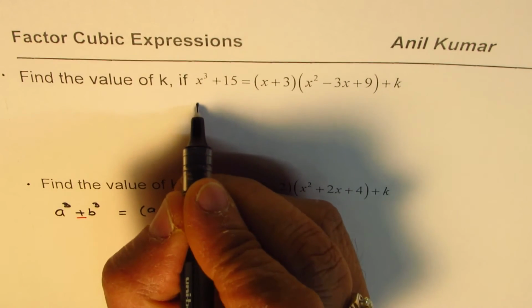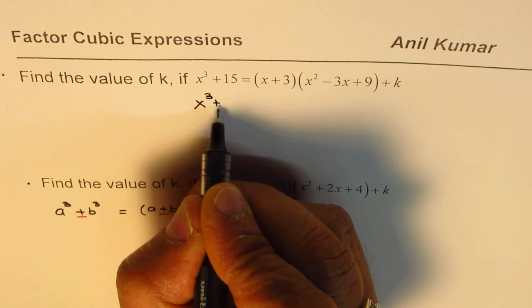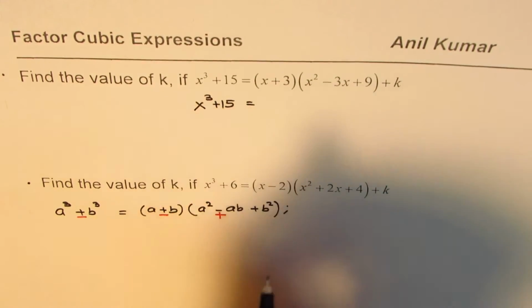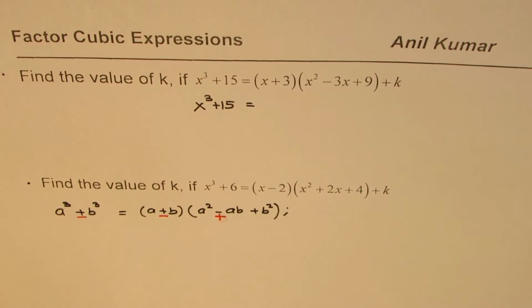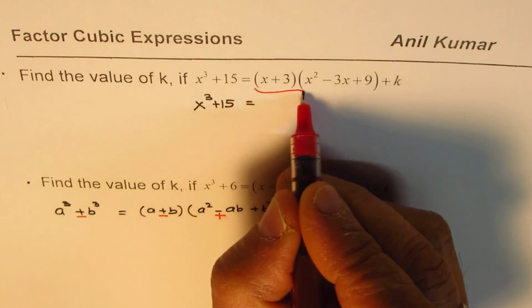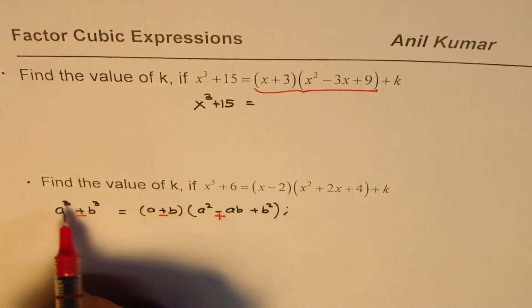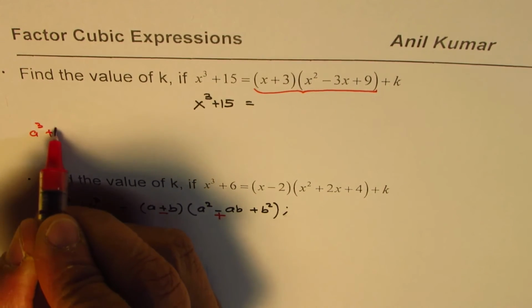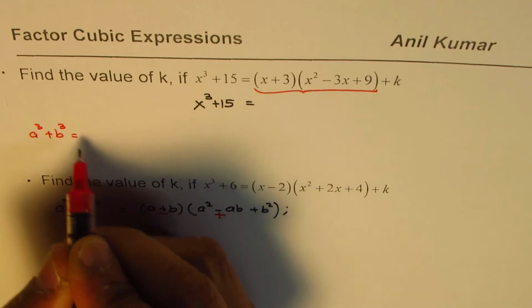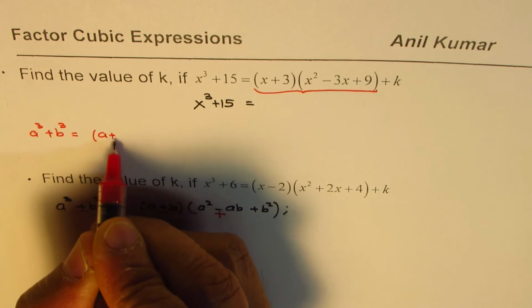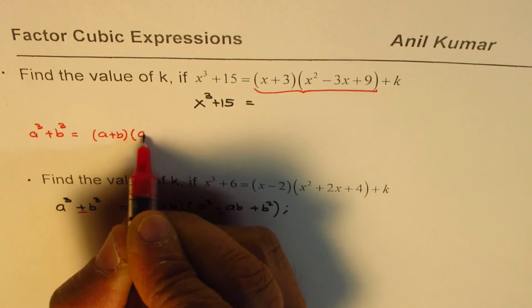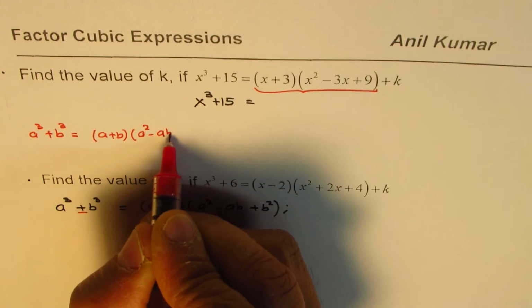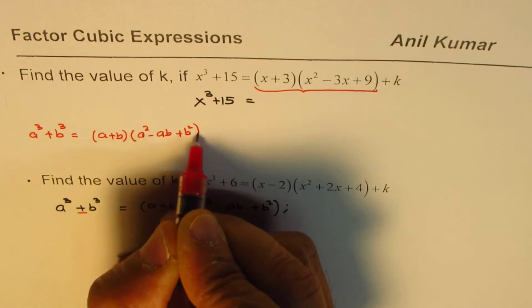So we could write x cubed plus 15 is indeed equal to all this, which is basically the expansion for a cube plus b cube, which is equal to a plus b times a squared minus ab plus b squared, correct?